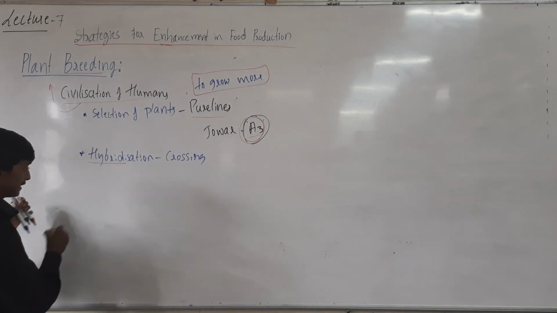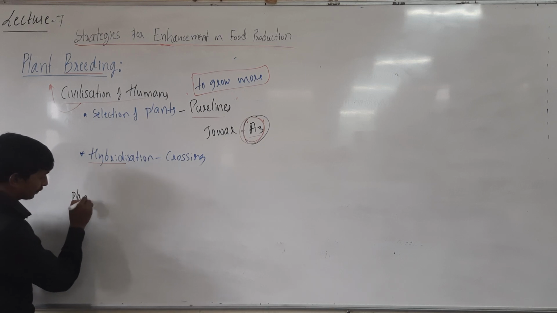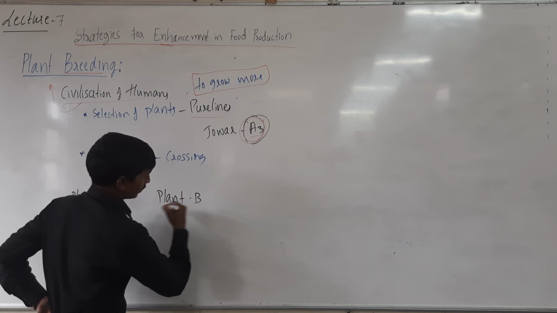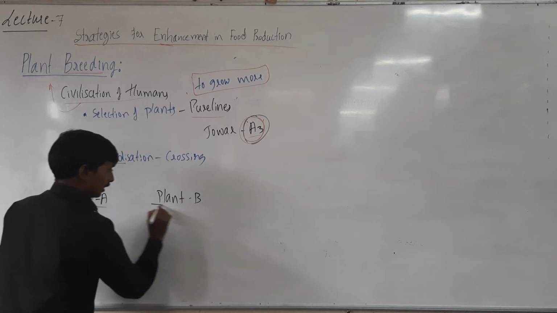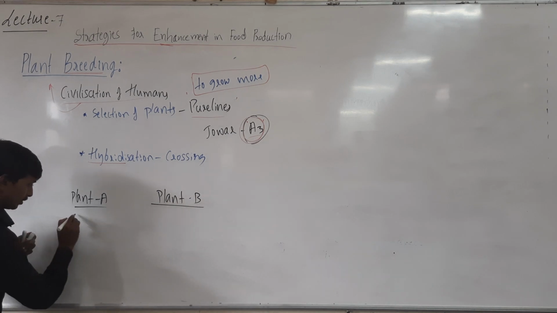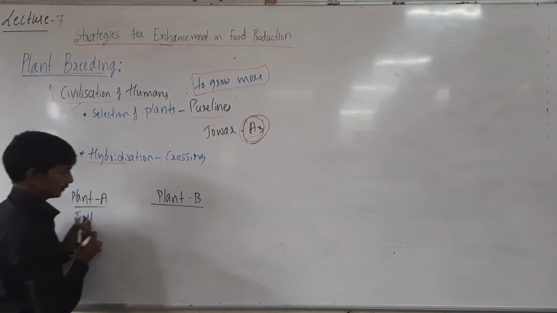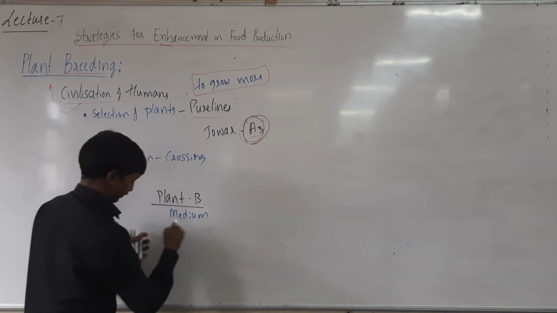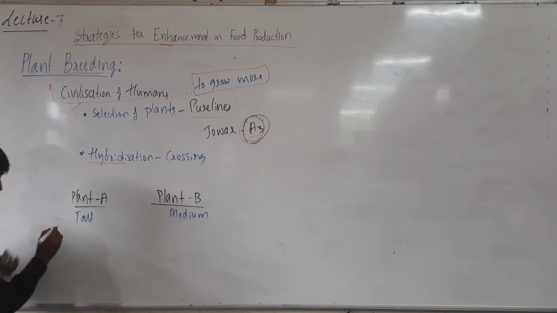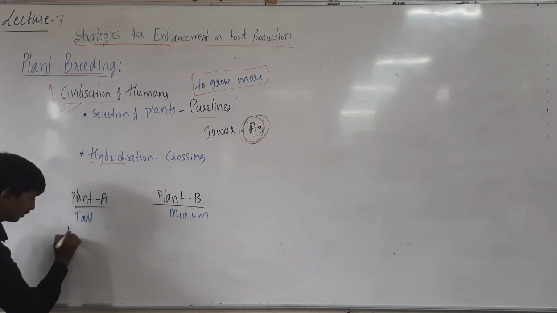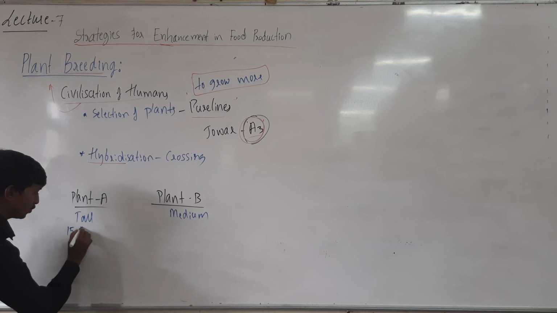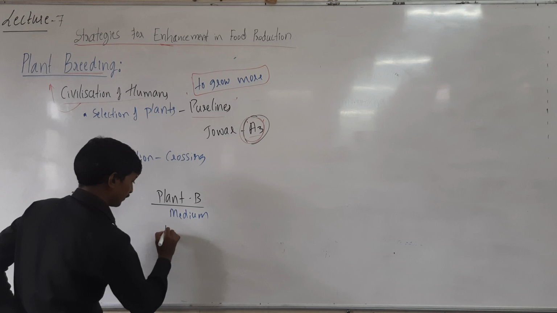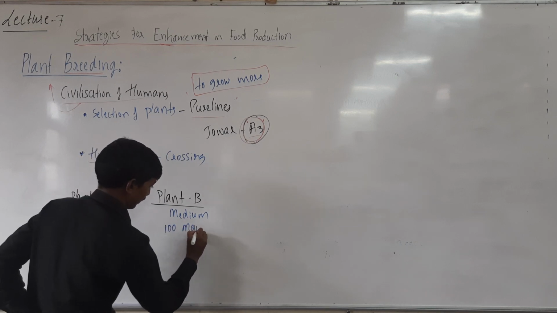For example, I say plant A and plant B. Here, one is tall, the other is medium. Imagine a mango tree: this plant is giving 15 mangoes per year, and this plant is giving 100 mangoes per year.